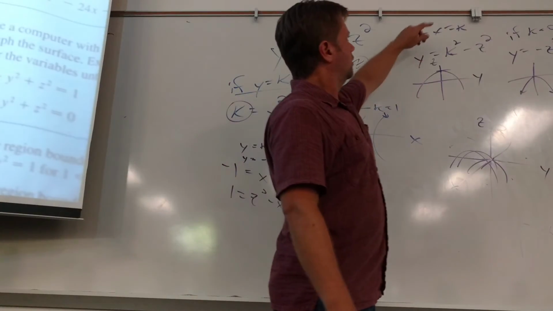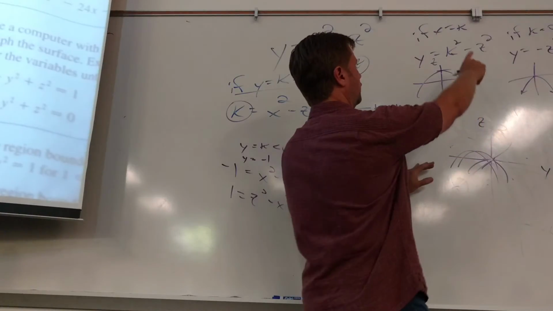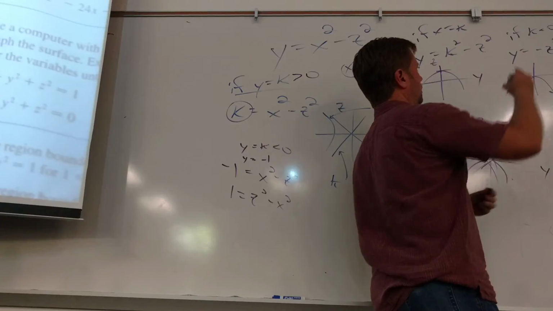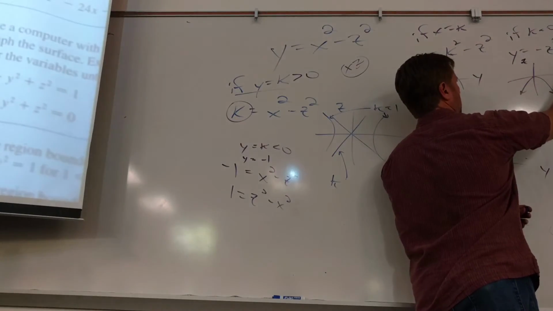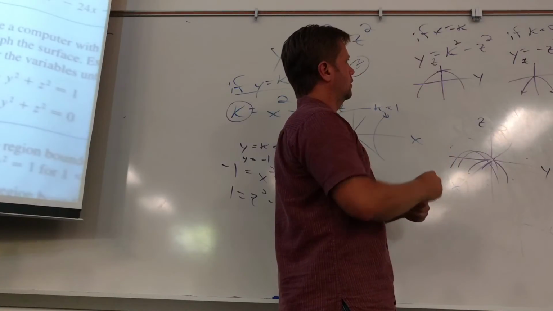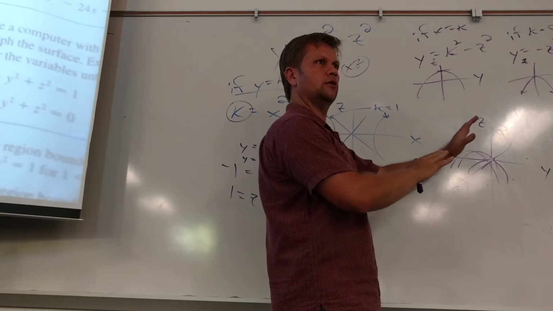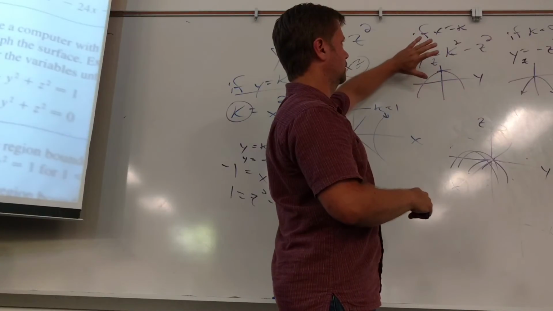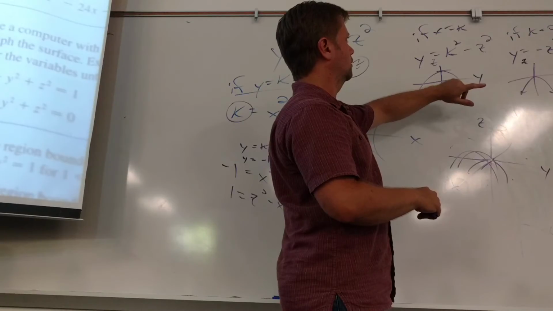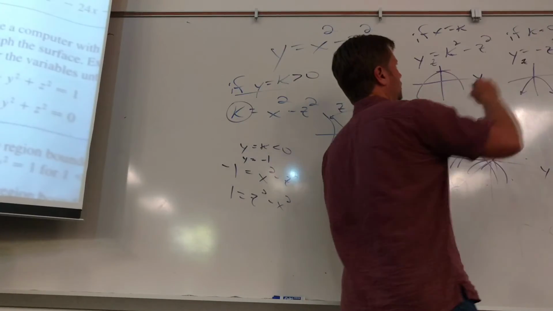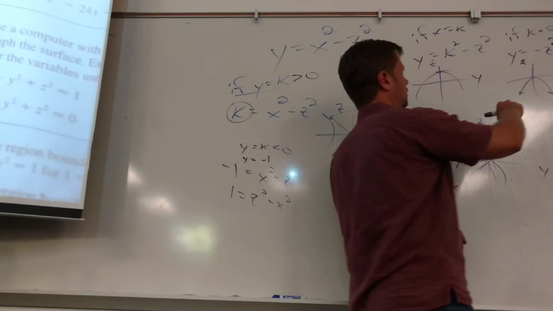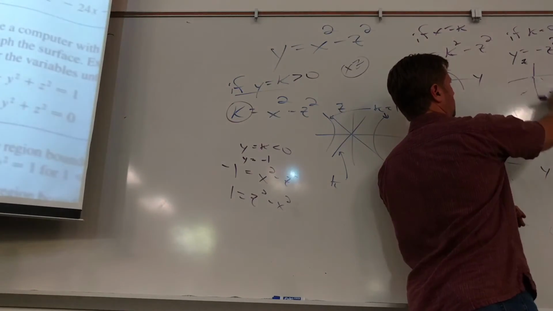So for this one again, if I draw for k equals 0, I got this guy. No, you should open up in the Y direction. What do you mean? Z is acting like what we're used to X being, and Y is what we're used to being the height.